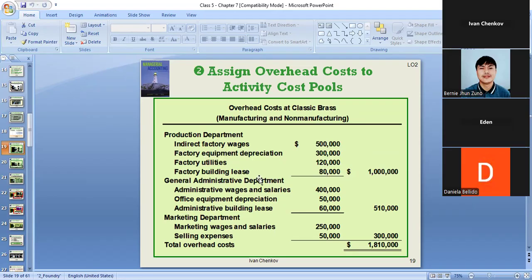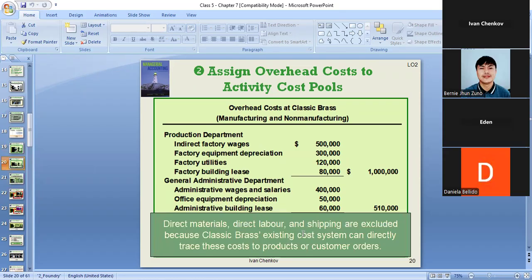General administrative expenses will be wages, office depreciation, administrative lease, and the marketing department comes with the wages, salary, and selling expense. So we're going to try to find out if there is anything we can do about $1,810,000.